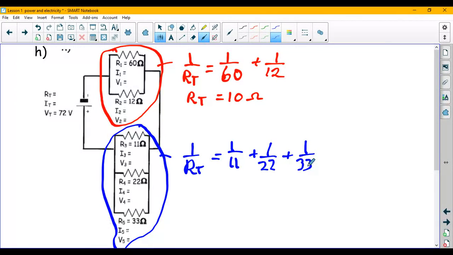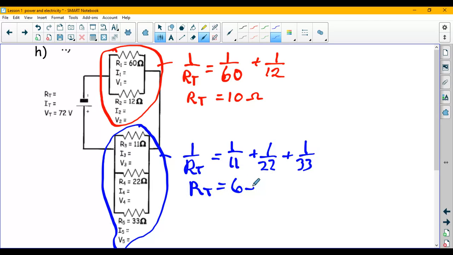Now, this part should have been pretty straightforward because we did questions like this already, but there is a trick to this question. So then I'm going to invert this and find my answer. So I got 6. So this section's 6 ohms.